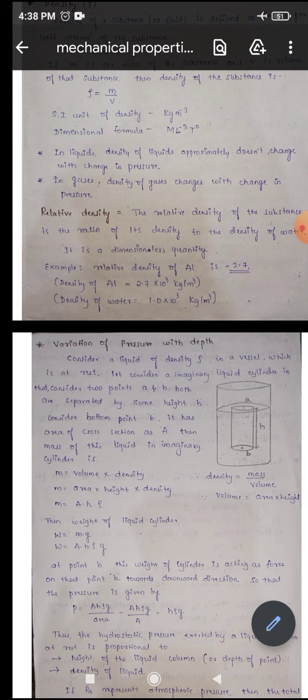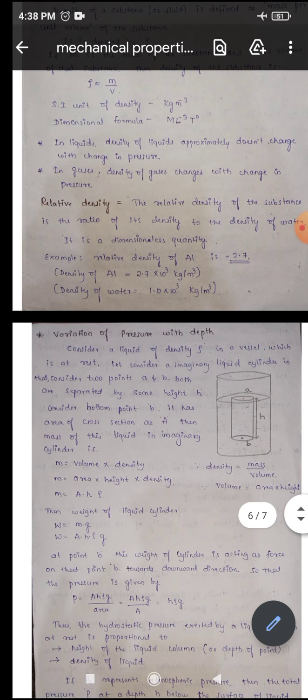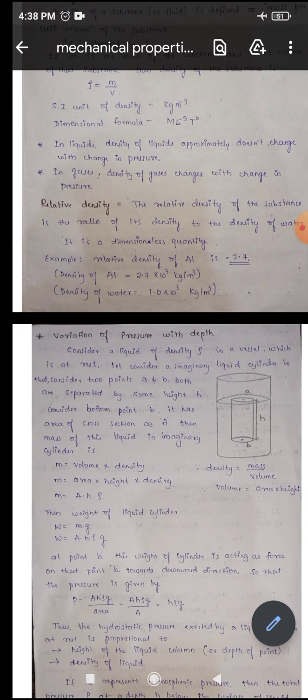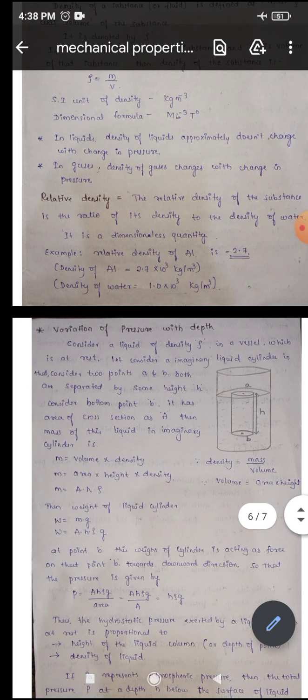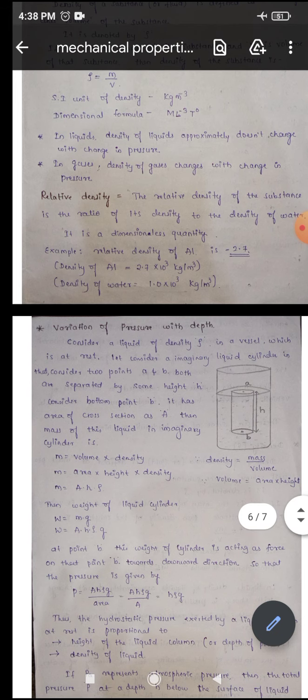For example, the relative density of aluminum is 2.7, where the density of aluminum is 2.7 into 10 raised to 3 kg per meter cube, and the density of water is 1 into 10 raised to 3 kg per meter cube. By taking the ratio of the density of aluminum to the density of water, we get 2.7. It is the relative density of aluminum.